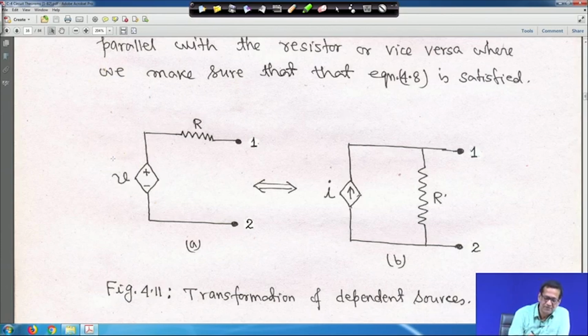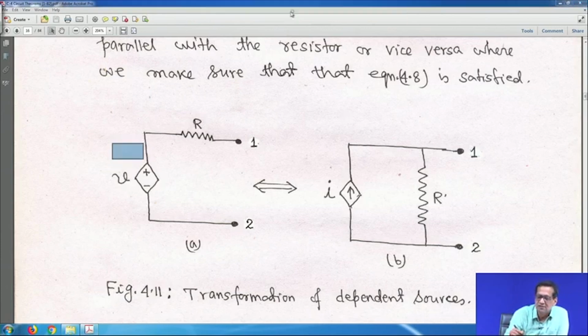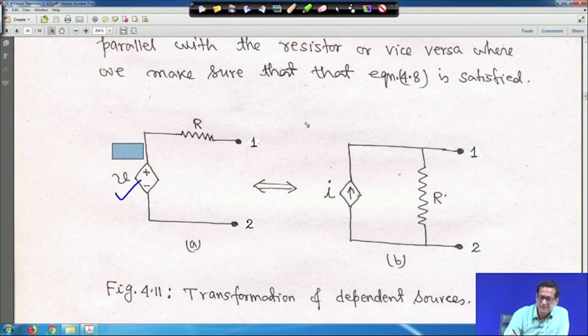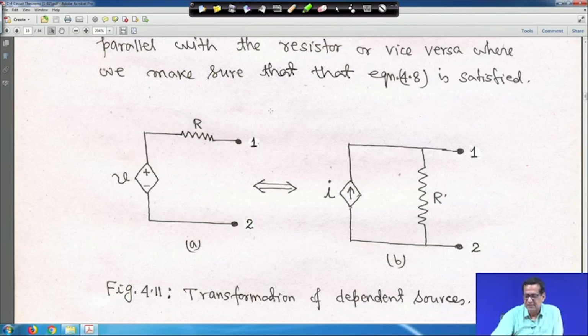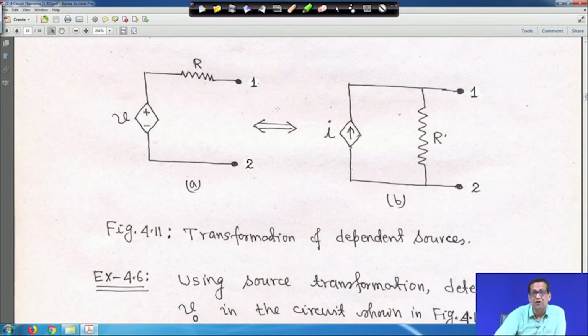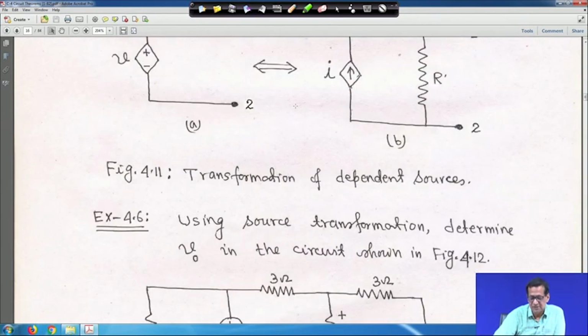If this is a dependent voltage source, it is also bilateral, so it will also be a dependent current source. Later we will see this. In the same way we can transform it into dependent voltage or current sources.